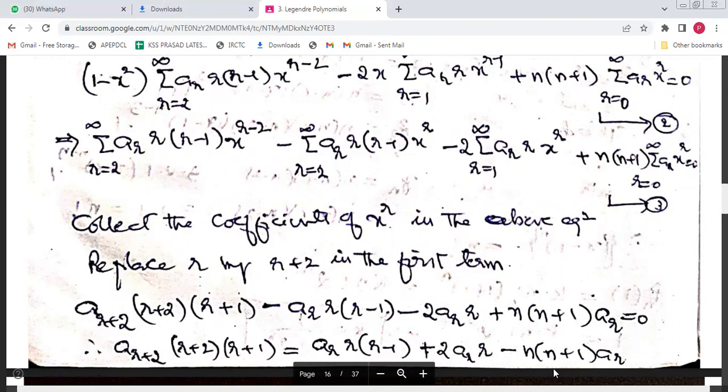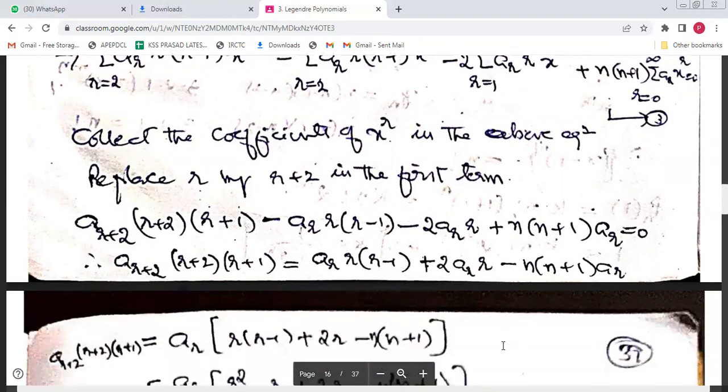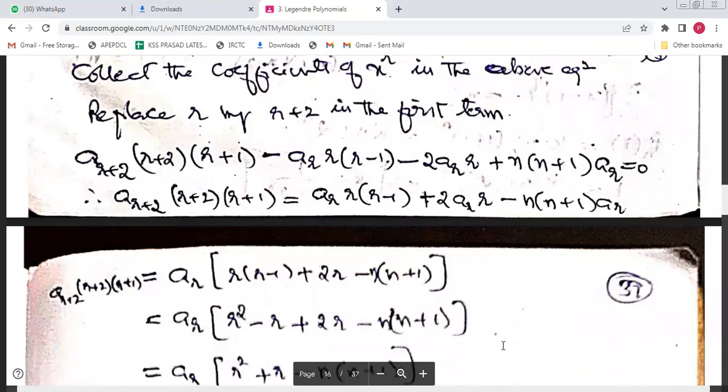a_{r+2}(r+2)(r+1) = a_r r(r-1) + 2a_r r - n(n+1) a_r. Now a_{r+2}(r+2)(r+1) = a_r [r(r-1) + 2r - n(n+1)].